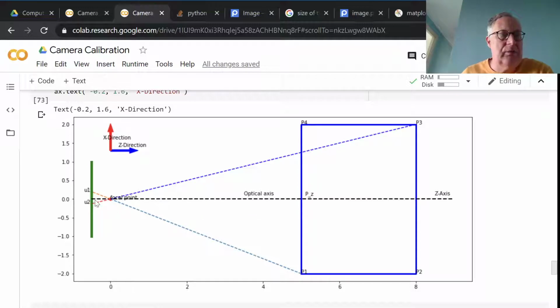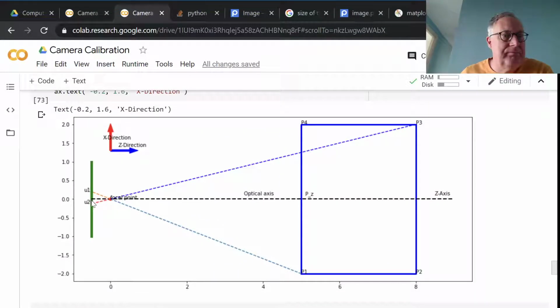So x and y are going to be coordinates on the image plane. Z is always going to be this distance here, which would be minus f, the way that I drew it, or 0 if I move the whole thing shifted over by f to the right.